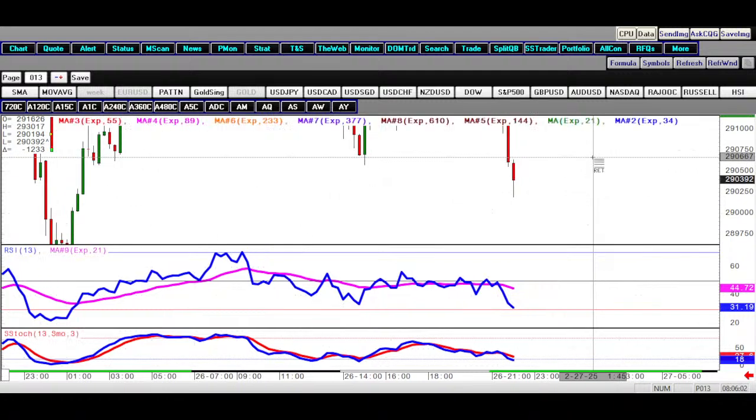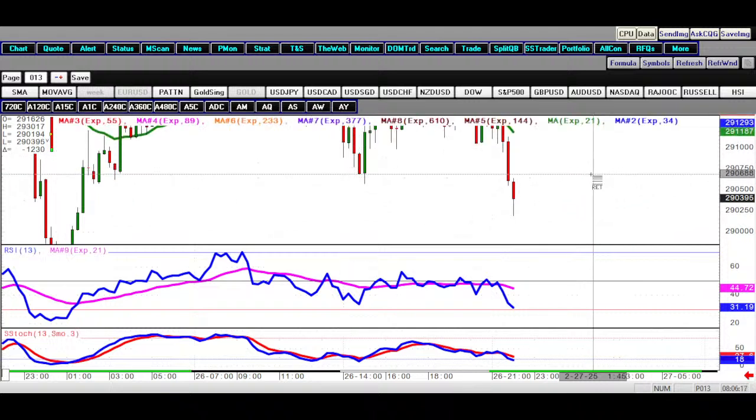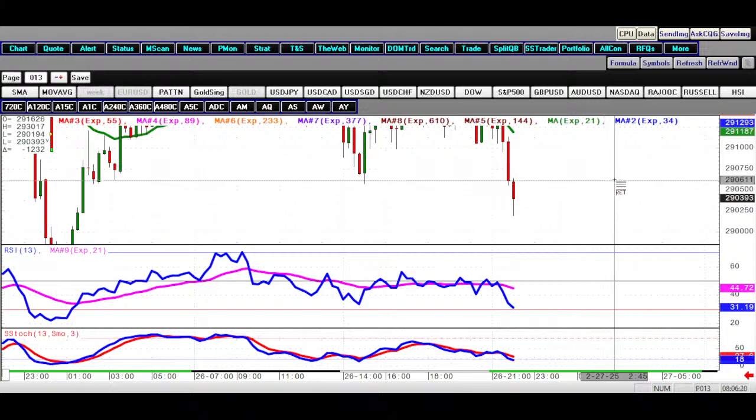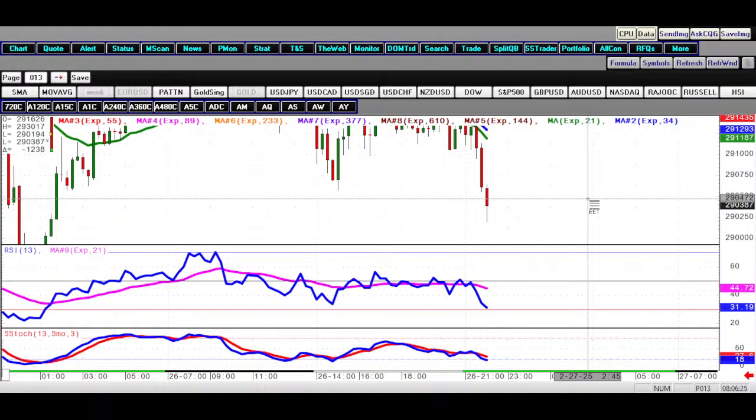Bring down our stop to 2906.5, but it looks like the market is bouncing back to 2905. I think we'll wait for a while. Let it get stabilized. Then we will see whether we can book that profit.